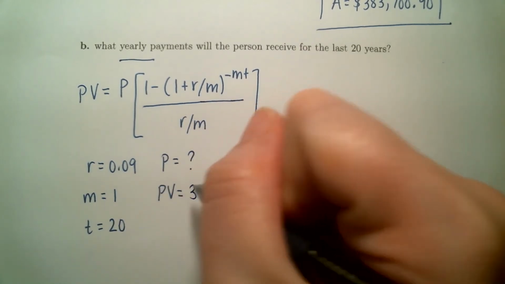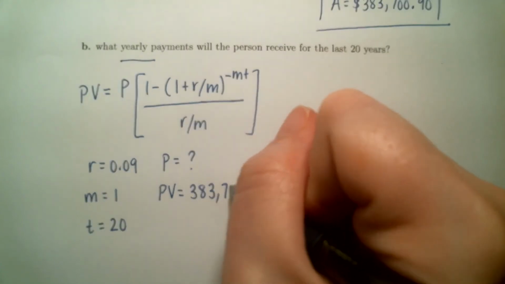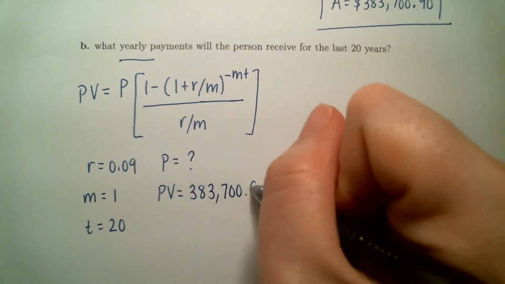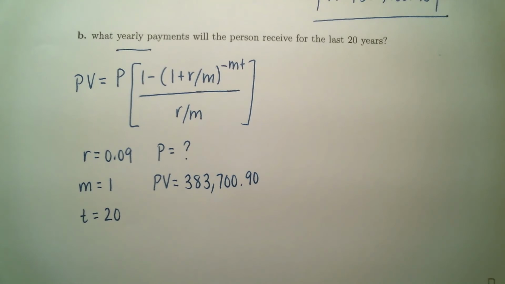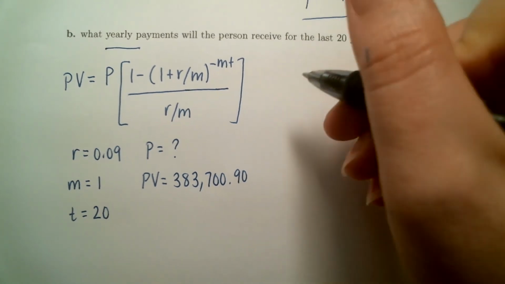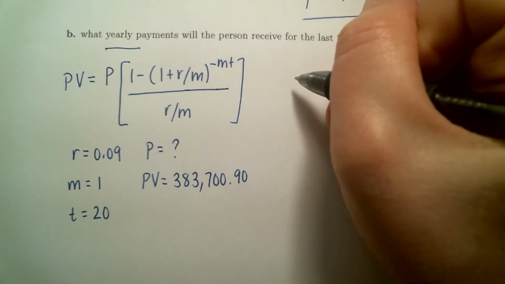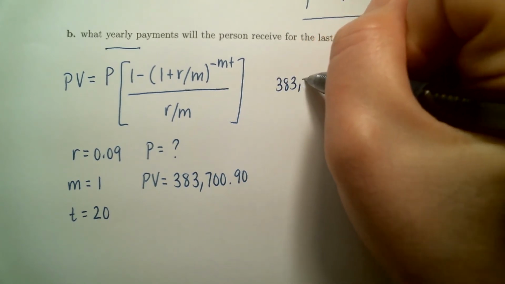It's what we found in part A. The present value of the account is this. That's how much it's presently worth, and then you start withdrawing money from it. So let's plug everything into the formula and solve for the yearly payment the person is going to receive.